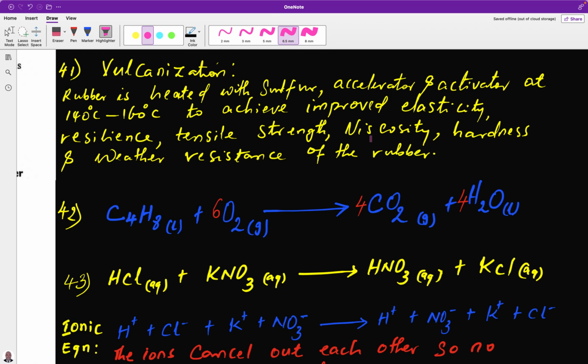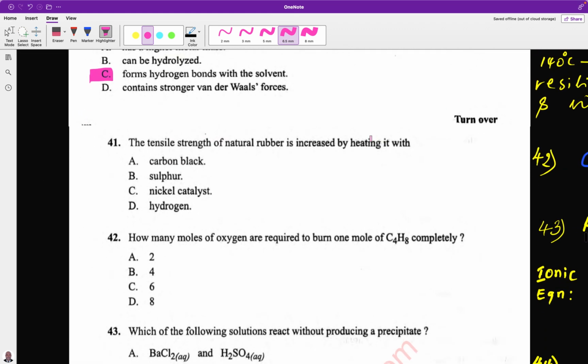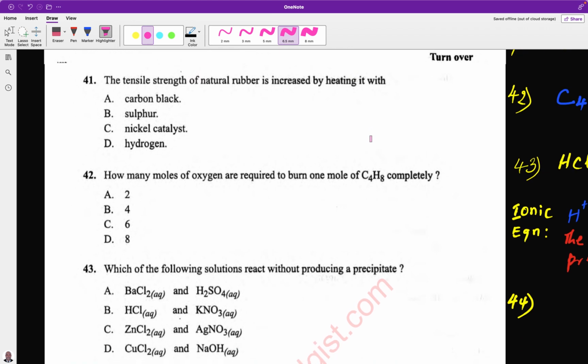It is heated with sulfur, accelerated and activated at a temperature of 140 to 160 degrees to improve elasticity, resilience, tensile strength, viscosity, hardness, and weather resistance. Which of the elements is there that will give the rubber that tensile strength? We have sulfur. So our answer for 41 is B.